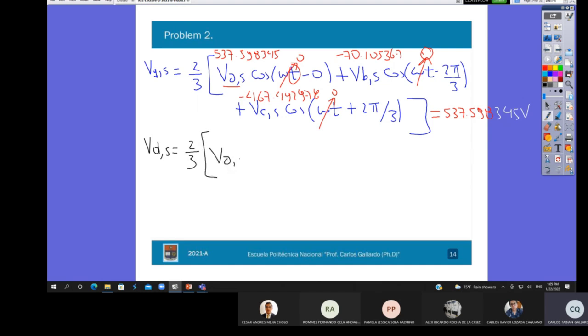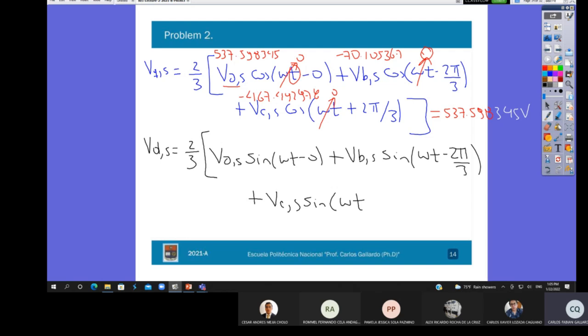This is the phasor A, I will have sine, plus the voltage B, sine, this is omega t minus 2 times pi/3, and the last one is the voltage C, sine, omega t plus 2 times pi/3.